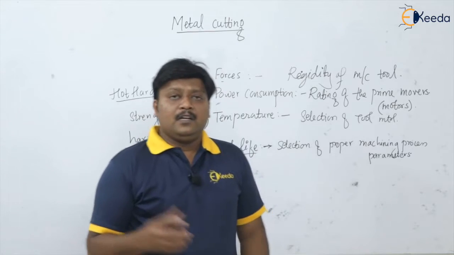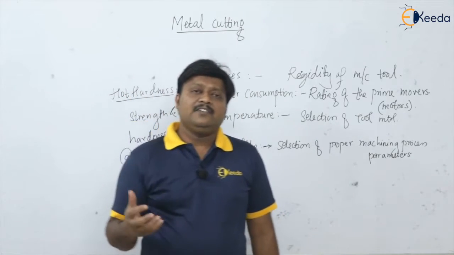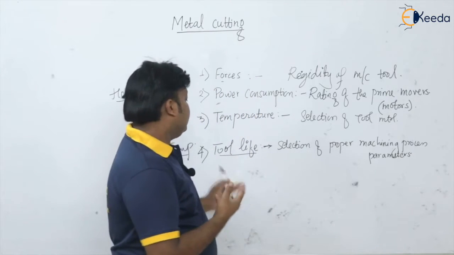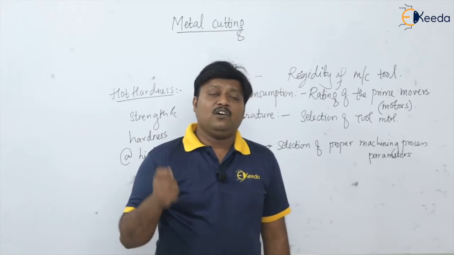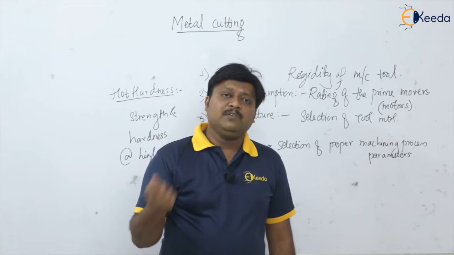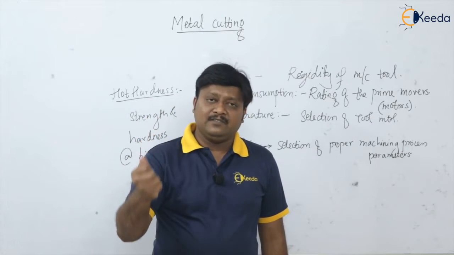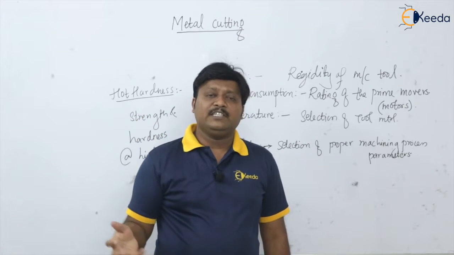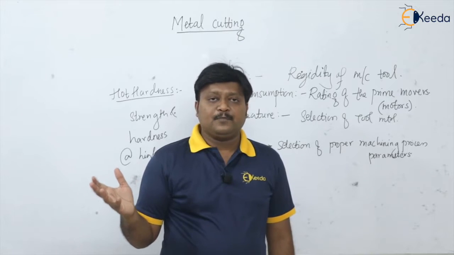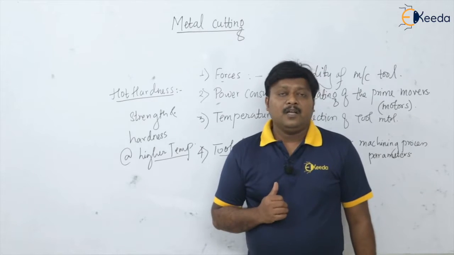When you are analyzing this machining process, definitely in advance you can understand some of these important points or parameters, so that you can have the optimum values for all these. You can know in advance about the rigidity of the tool, the cutting tool materials, the tool life, etc. Okay, so in this way the study is helping us.